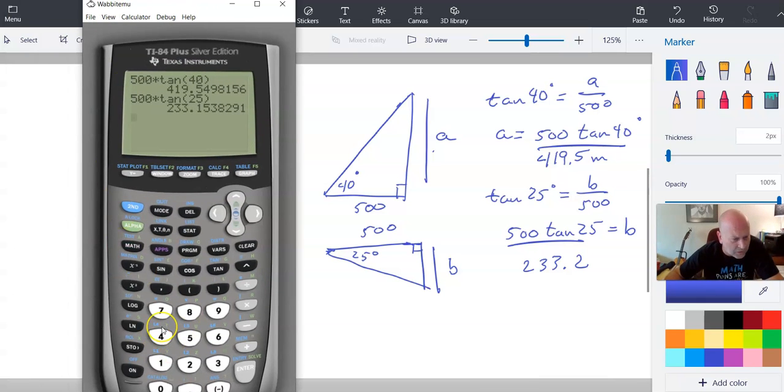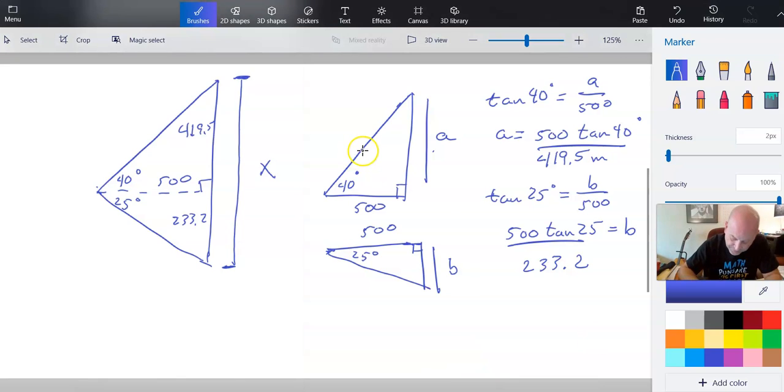Okay. So 419.5 plus 233.2. There we go. So we have 652.7. That's our total distance now.